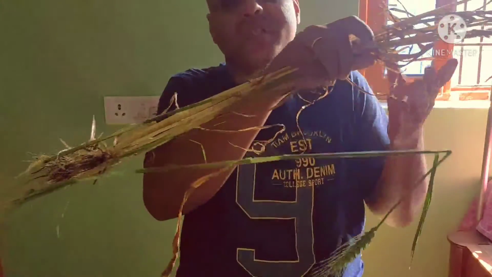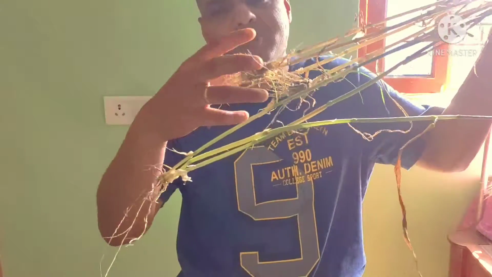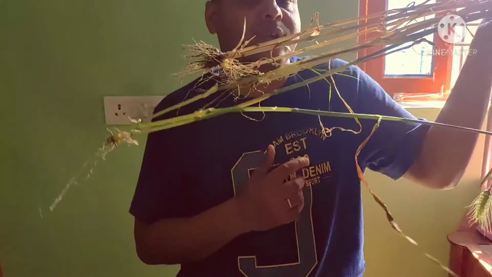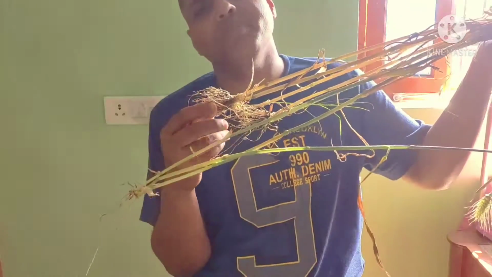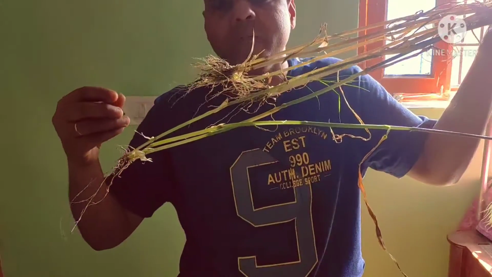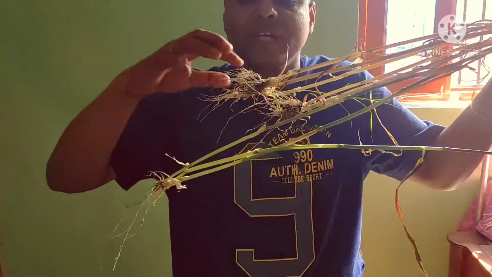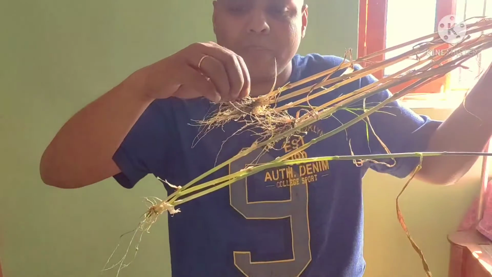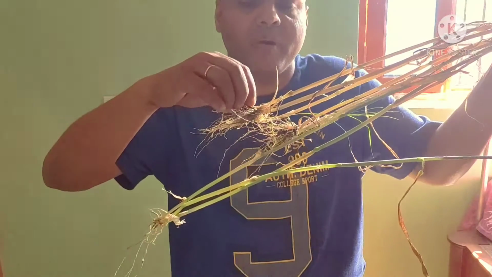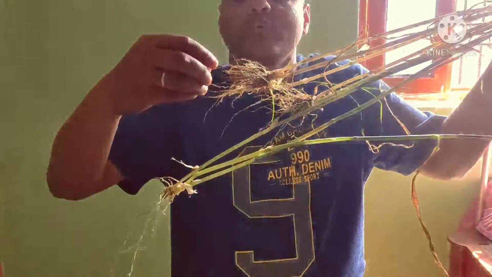The fibrous root system is present in monocot plants. Actually, the whole fibrous structure you see here is not developed from the radicle. At the time of germination, the radicle will form a primary root, and that primary root will degenerate soon. After that, from the stem parts, many fibrous roots arise.